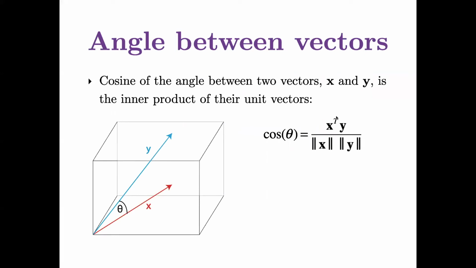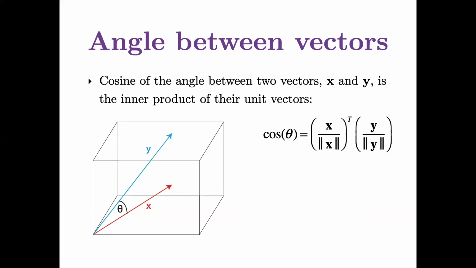Now, when you're looking at this, you might be confused by the second part of this definition, the inner product of their unit vectors. But keep in mind that the norm of x and the norm of y, that's their length, is just a constant. It's just a number. And because it's a constant, we don't have to really worry about where we put it in this equation.